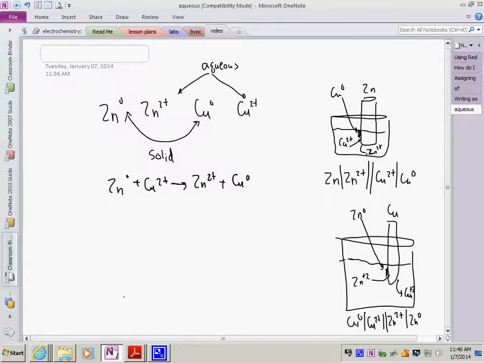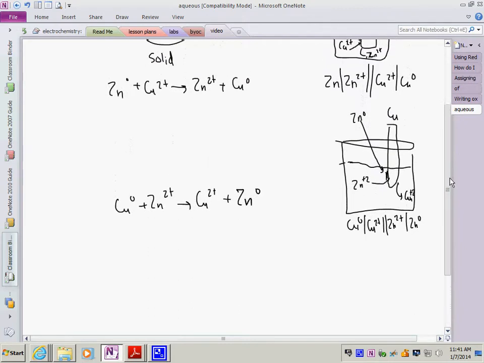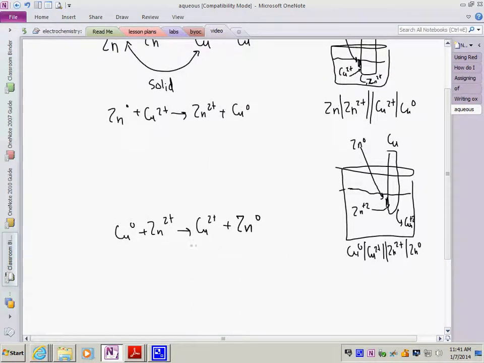And this one would be copper, no charge, plus zinc 2+ yields copper 2+ plus zinc metal. They are the reverse of each other, so one of them is going to be spontaneous and one of them is not. They will have the exact opposite voltages.